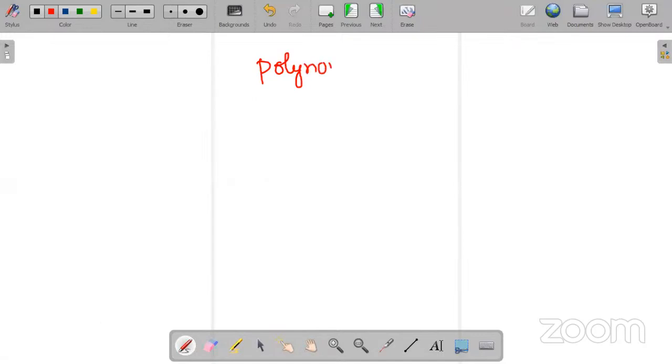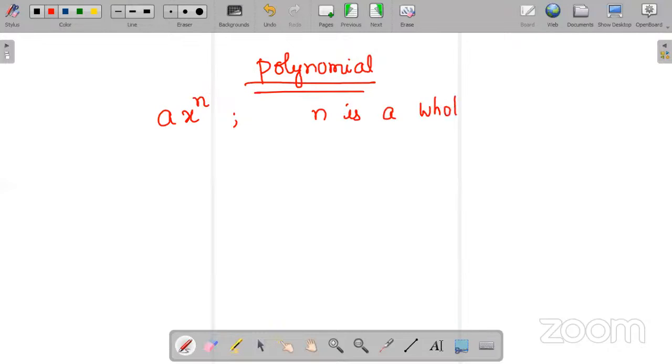This polynomial is in the form of ax to the power of n. It may be a monomial, binomial, trinomial, even more than 4 terms also. But you must remember one thing, n is a whole number. Then it is called a polynomial. Otherwise, it is not a polynomial, it is called a multinomial only. N is a whole number means n takes the values 0, 1, 2, 3, 4, 5, 6 and so on.